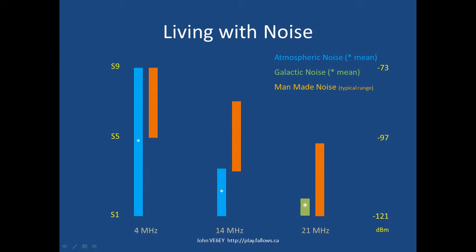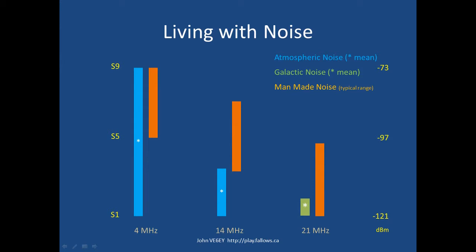On 14 megahertz, you get a little bit less atmospheric noise. So on the 20 meter band, generally you'll always get an S1 or S3 reading on your S meter, with a typical atmospheric noise being around S2. When you get up to 21 megahertz, which is towards the higher end of the HF bands, you really don't have much atmospheric noise, but you get galactic noise from the stars, from the solar system.